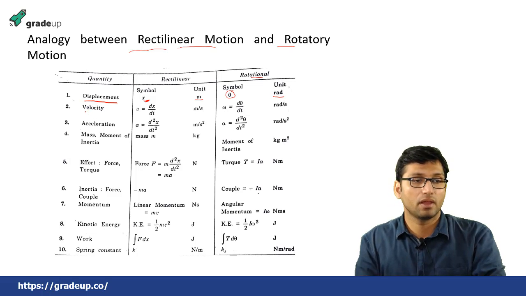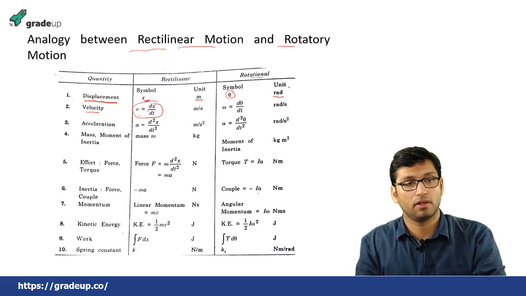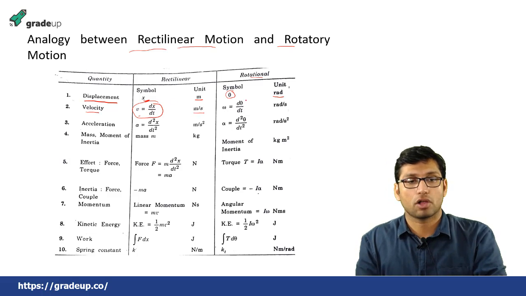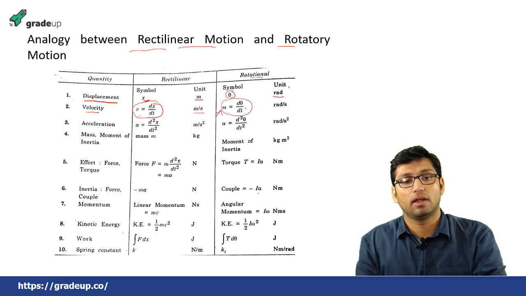If we talk about velocity for rectilinear motion, it is given by dx over dt, rate of change of displacement, where x is the displacement and the unit is meter per second. For rotatory motion, it is given by angular velocity, which is equal to rate of change of angular displacement, and the unit is radian per second.